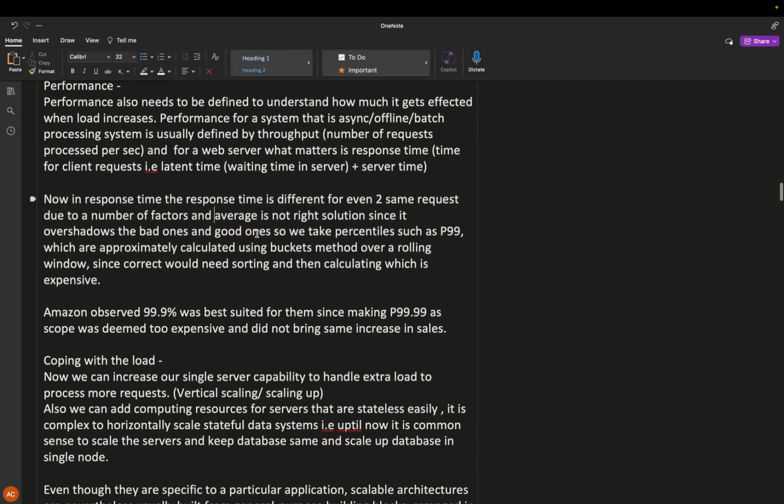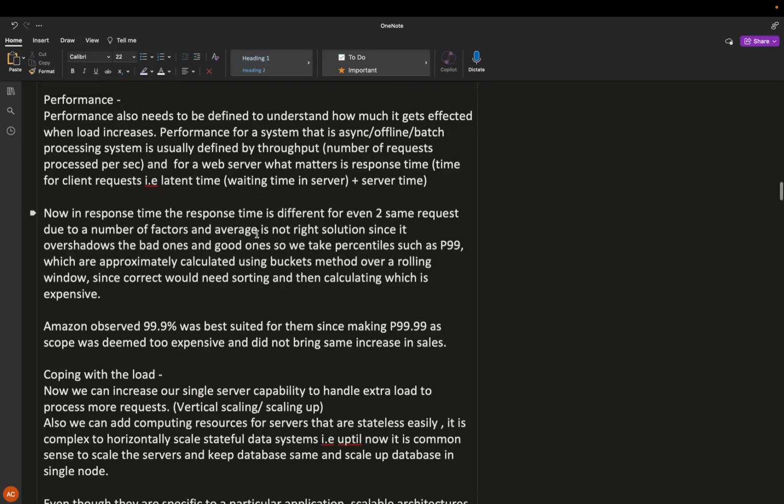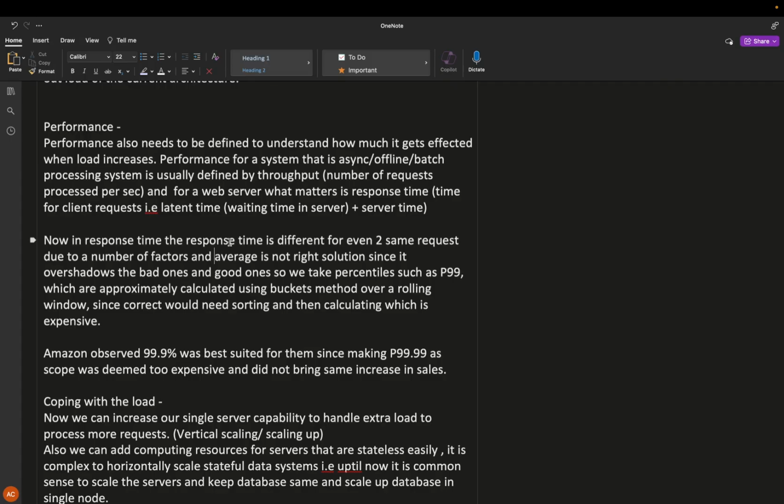The average for those 100 requests might be 2.5 seconds. The average is my good requests plus my bad requests summed together and divided by 100.